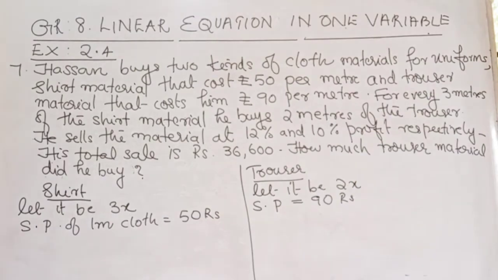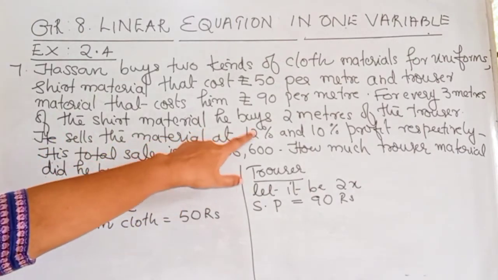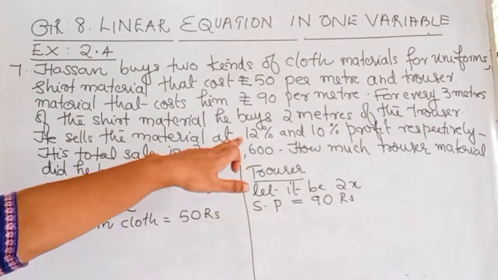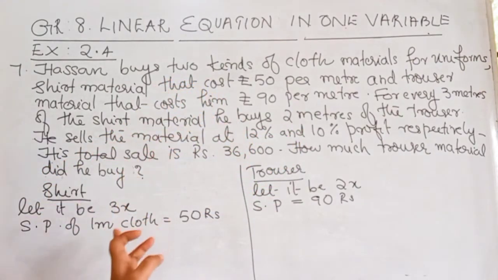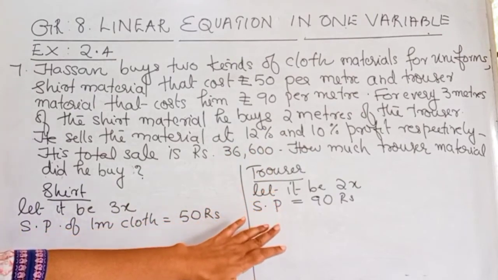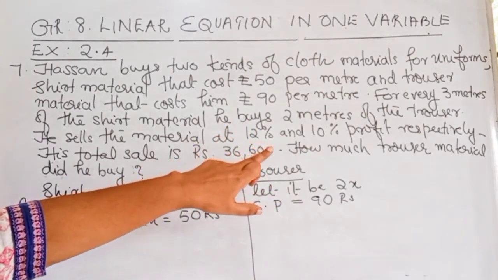Then they have given that Hassan sells the material at 12% and 10% profit respectively. So he is taking 12% profit for the shirt material and 10% for the next one, the trouser.